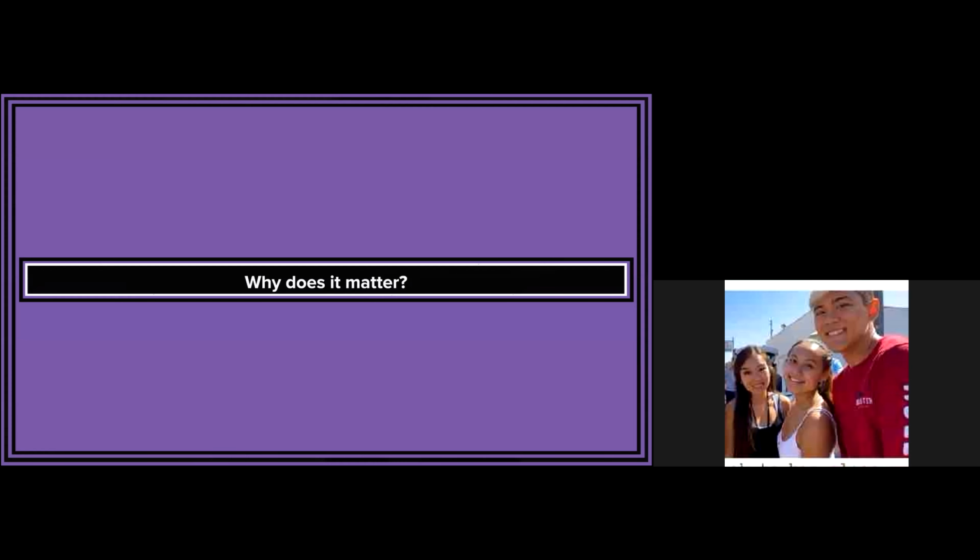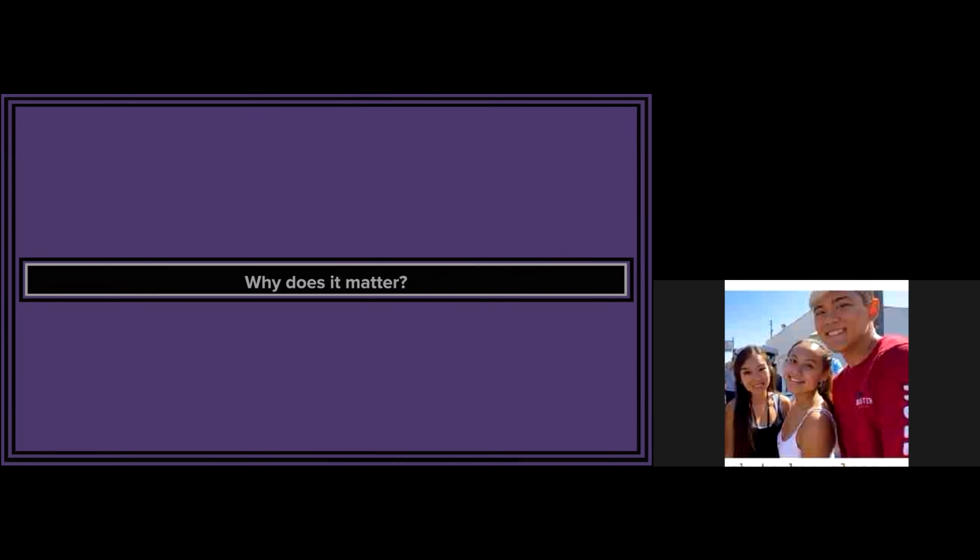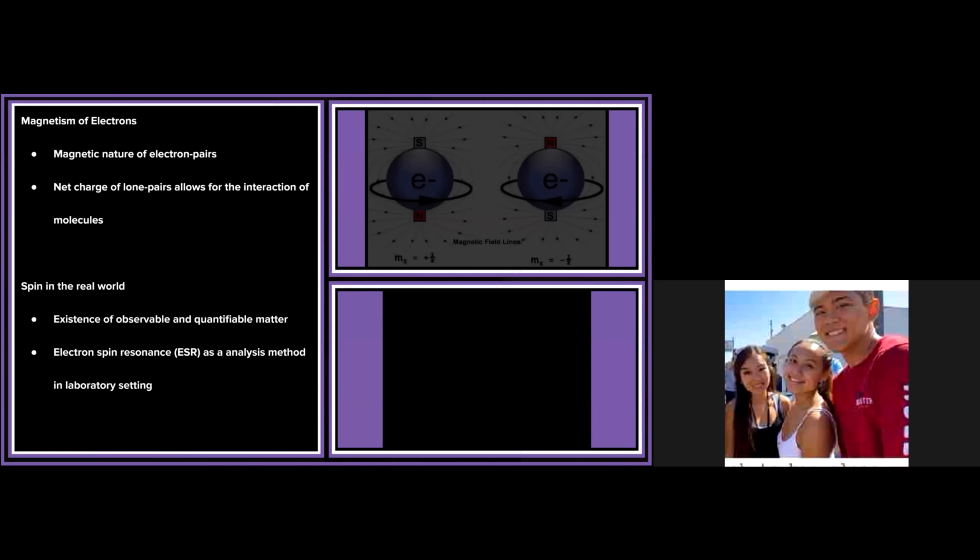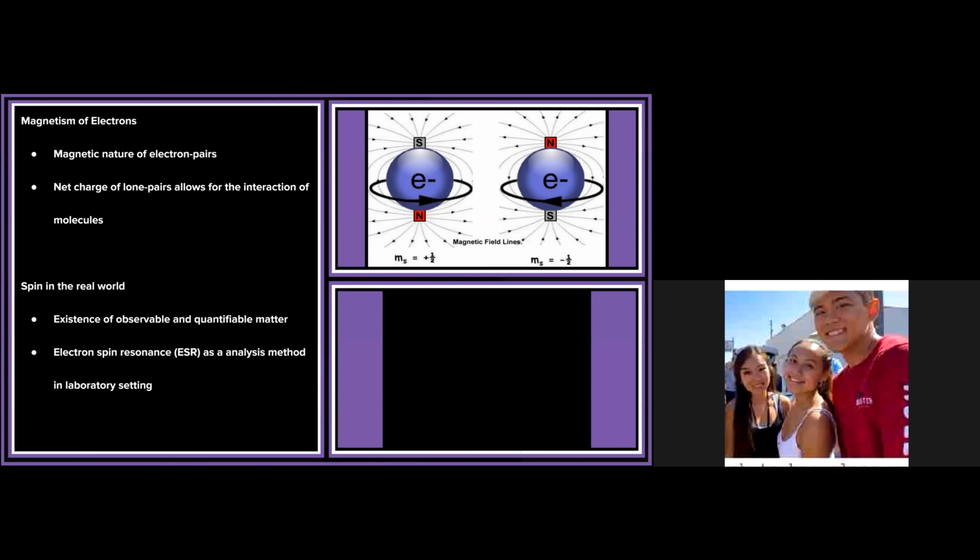So all this information is relevant and useful, but why does it matter exactly? As we've explored thus far, electrons have a certain magnetic aspect to them. Depending on the direction of their spin, if they're alpha, spinning up, they will have a positive 1/2 fourth quantum number value.